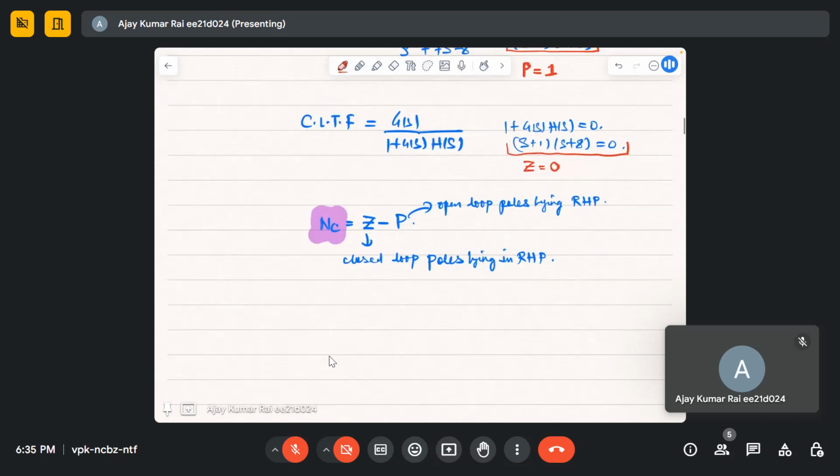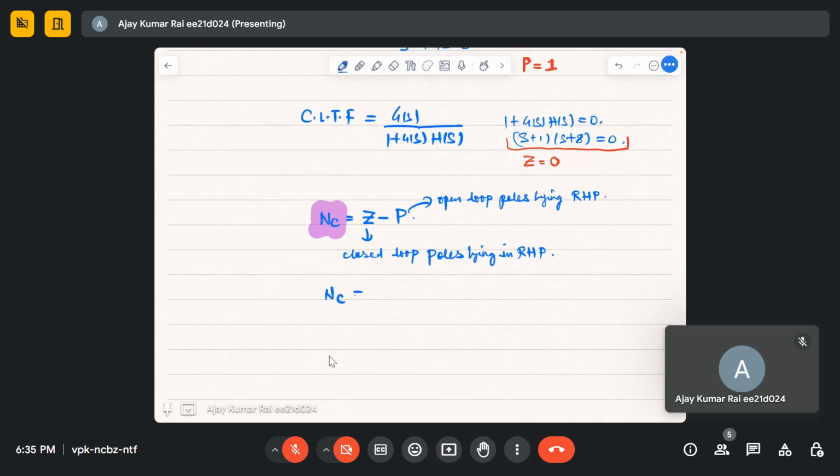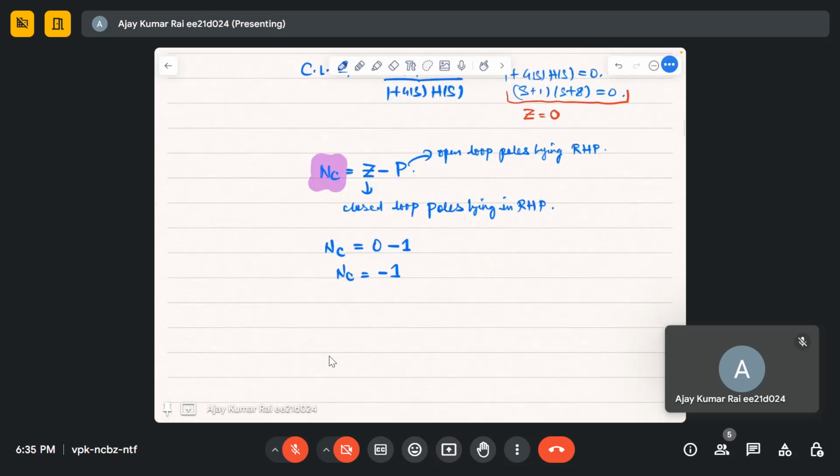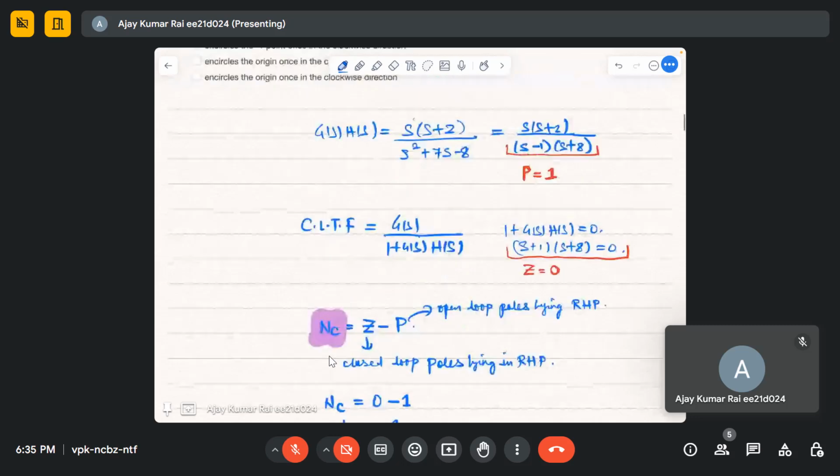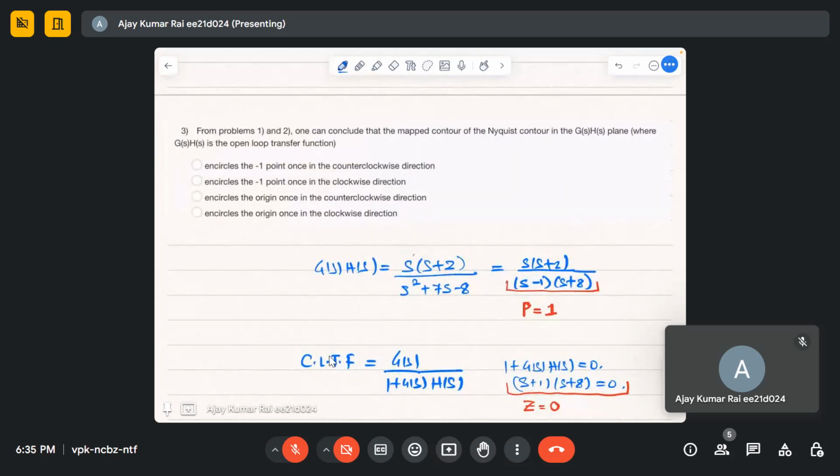Okay, so what is N_C then? 0 minus 1, right? So N_C is equal to minus 1. Plus is clockwise encirclement and minus 1 is anticlockwise encirclement. Okay, so let's see the options.